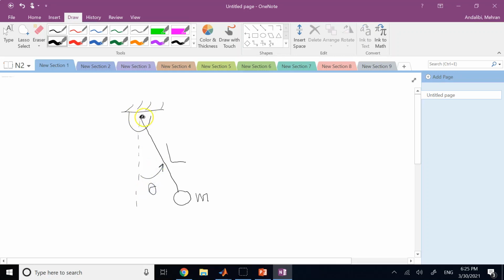If there is no torque applied to the pivot, there is no other force, and there is no friction, based on what you know in dynamics, the equation of motion for this pendulum is going to be theta double dot equals negative g over L times sine of theta.